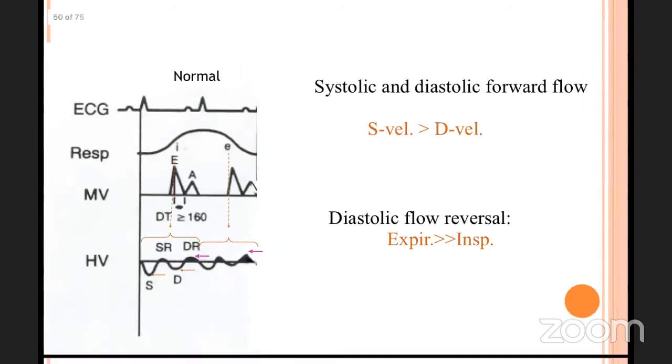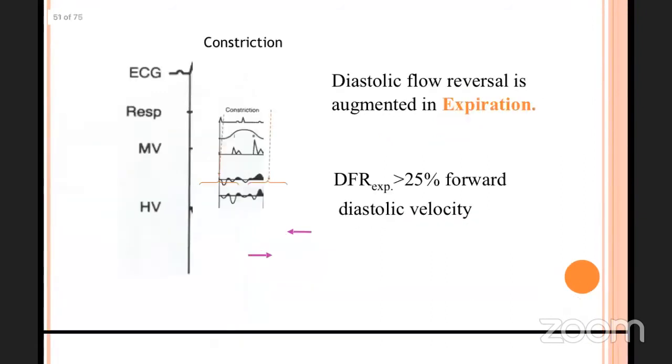What happens in constrictive pericarditis is there is a reversal of the flow in late diastole. Normally this reversal is very small, but if this reversal of flow, mostly in expiration, is more than 25% of the forward flow velocity, it is almost diagnostic. But again, I want to emphasize here that unless you have a respirometer, it is difficult to interpret this data.